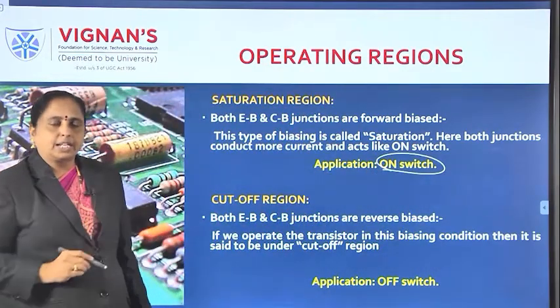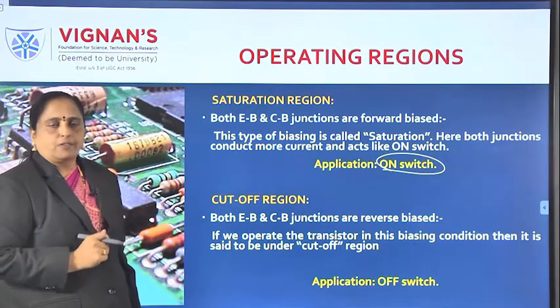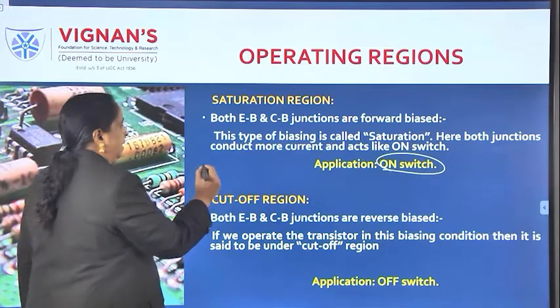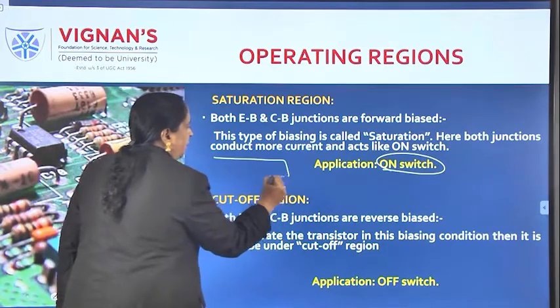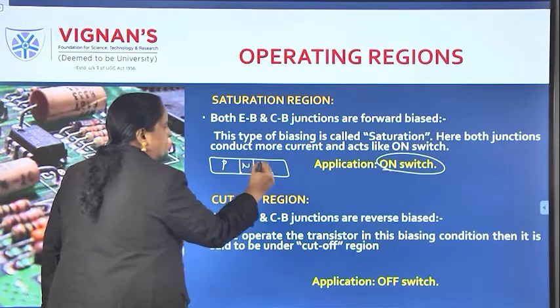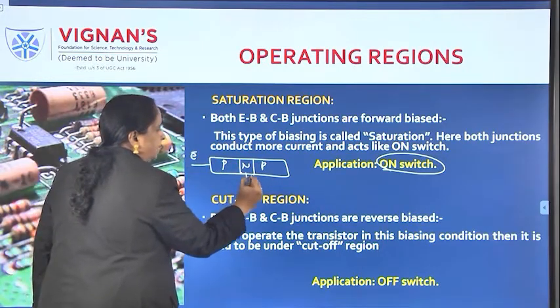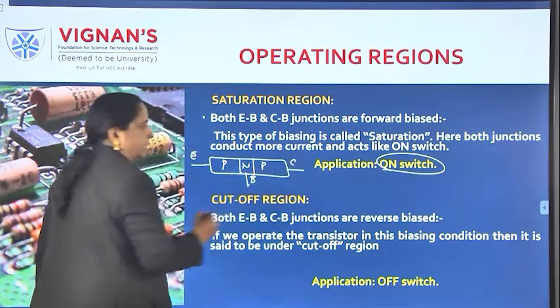For that condition, both the emitter and collector junctions must be forward biased. Suppose I take a PNP transistor. See, this is emitter, base, collector.